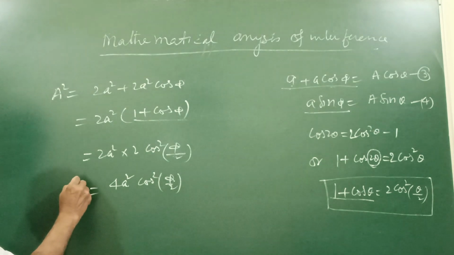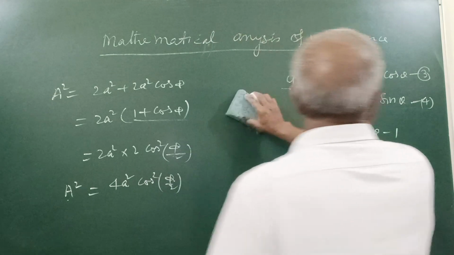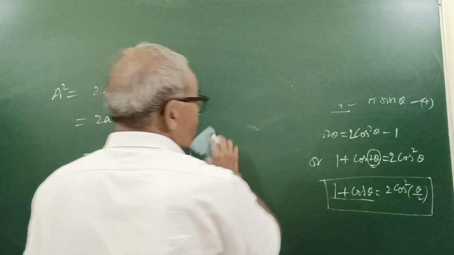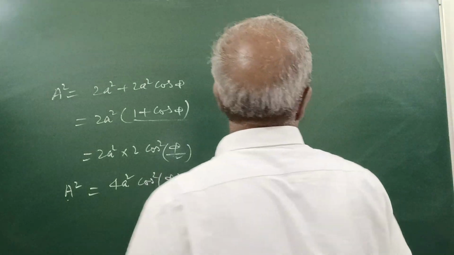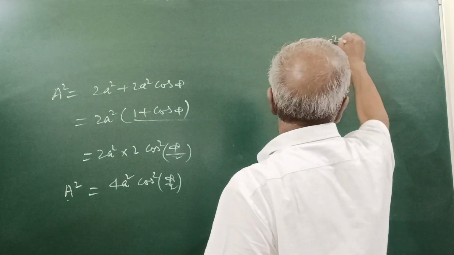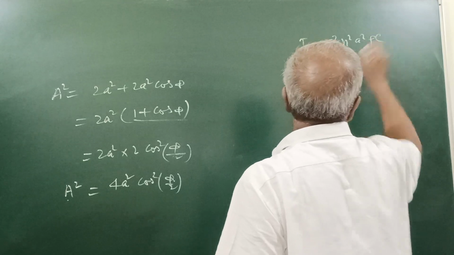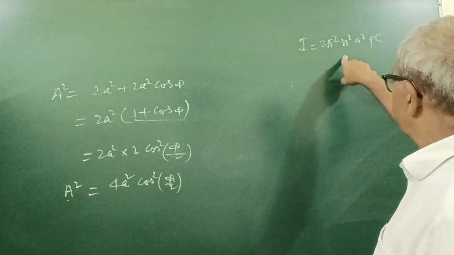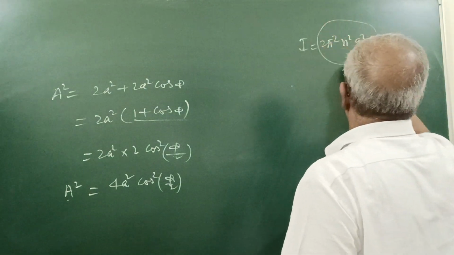What is this capital A? It is the amplitude of the resultant wave. Every wave has intensity, light wave. Intensity of light, I have told you, in case of a mechanical wave, I equals 2 pi square n square a square rho c. Rho is the density of the medium, c the speed of the wave, a the amplitude and n the frequency.